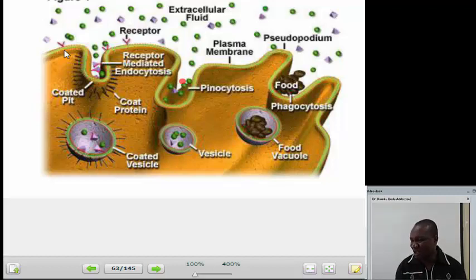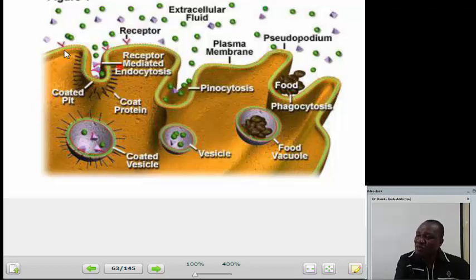So that's an example of phagocytosis. Then we have pinocytosis, where the substance is very soluble in solution form. The membrane goes around it, forms a vesicle, and pinches off, and it is internalized.